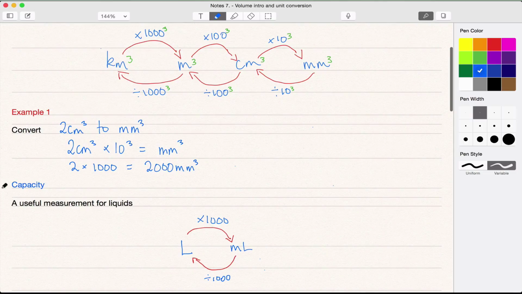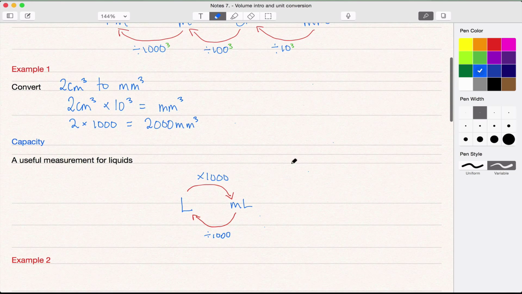But capacity is used when we're measuring how much liquids take up a three-dimensional shape. And you should remember that when we're measuring liquids, we measure them in litres and milliliters, but we need to work out how that relates to what we've got up here.